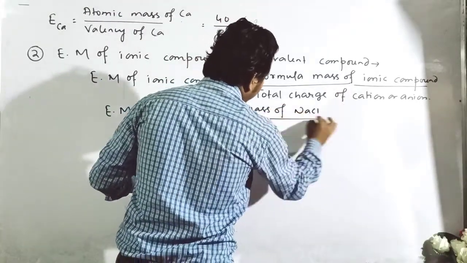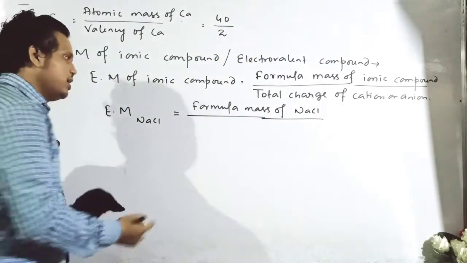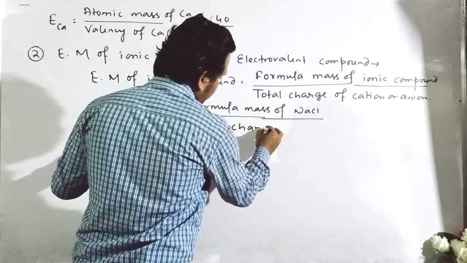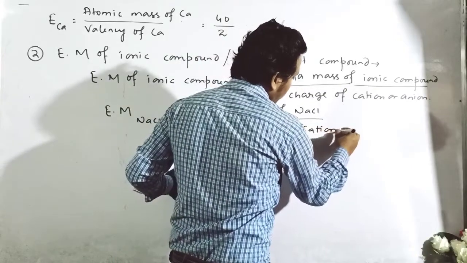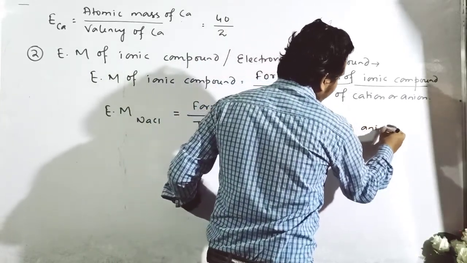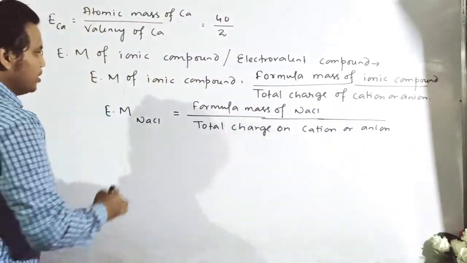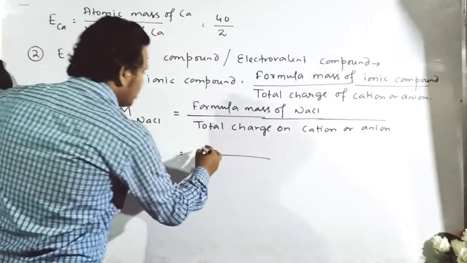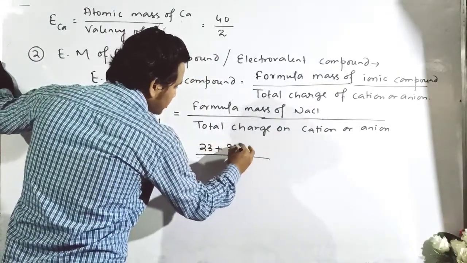NaCl, divided by total charge on cation or anion. In any one, what is the total number of charges? Now what is the formula mass of NaCl? Sodium has the mass 23, chlorine has the mass 35.5.